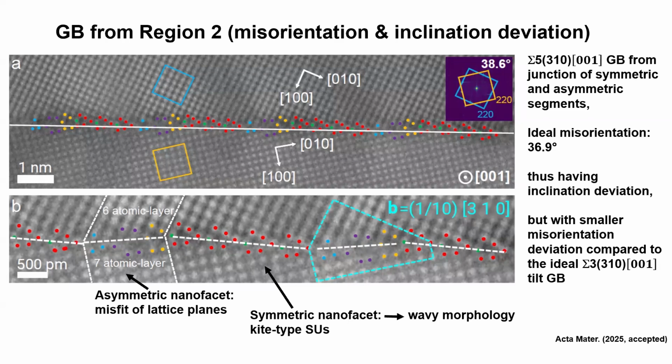But you see also that the inclination of the structural units with respect to the mathematical grain boundary plane is different, right? So you get this kind of faceting of a boundary.